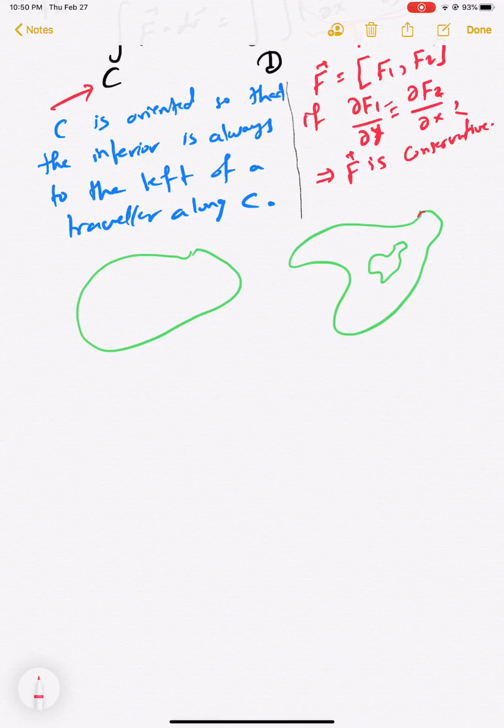One of them is like this curve, the other is this curve. Now this is the interior of the curve. Imagine you are walking on this curve. If you're walking on this curve, here is your left. So the interior of the curve is to your left. So this is the required direction, which means you are moving, in this case, counterclockwise.